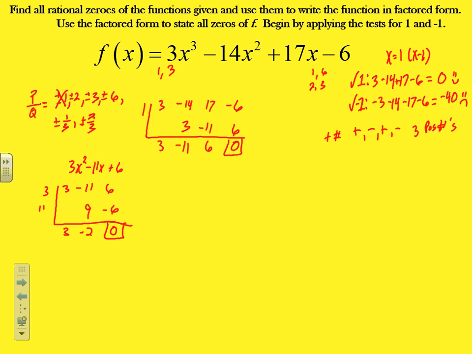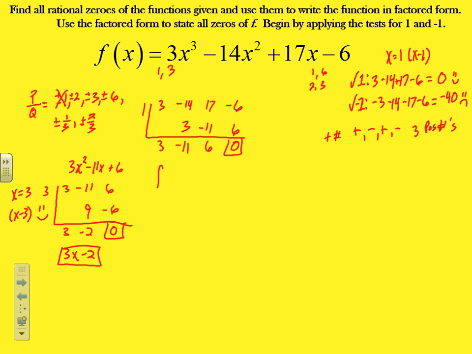So that one works. So here I know x has to equal 3 as a solution, and the factor would be x minus 3. And this simplified polynomial here would just be 3x minus 2. So that is my third factor.